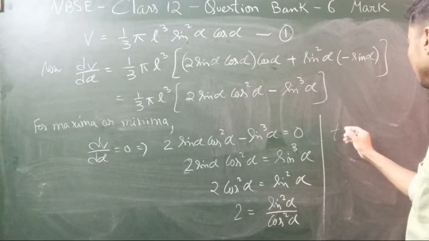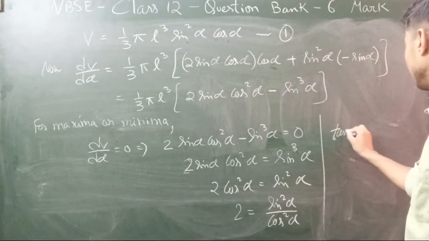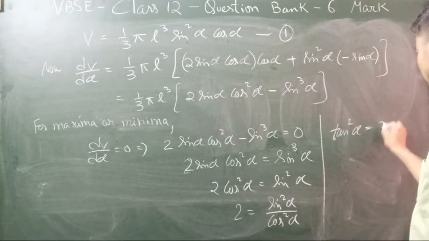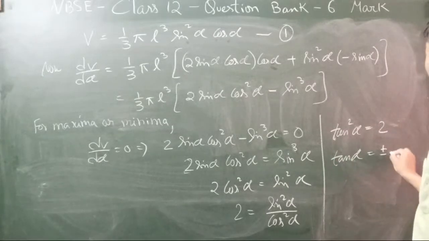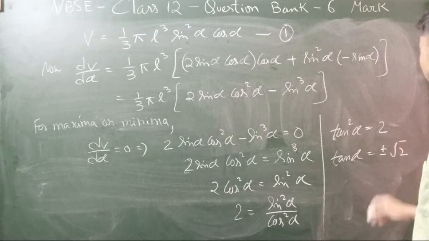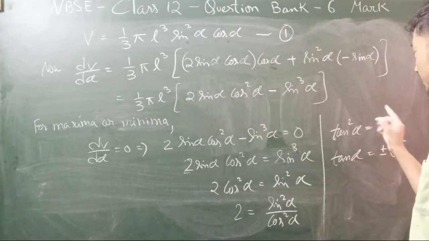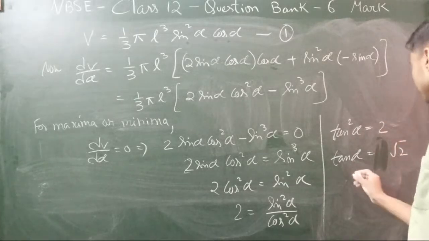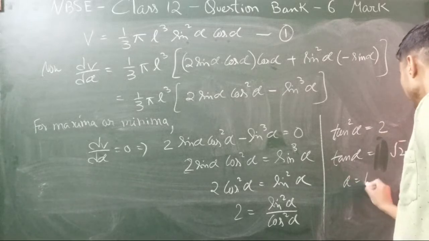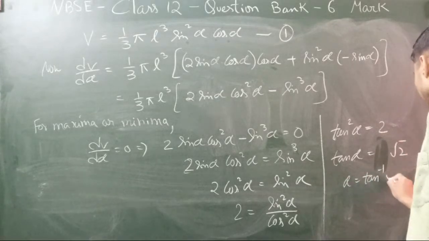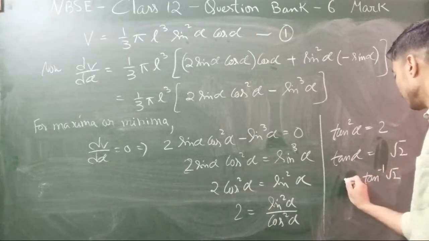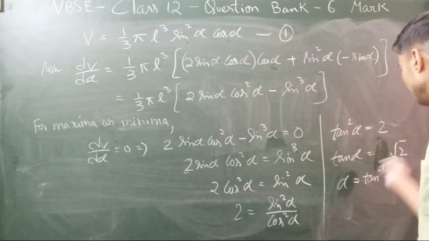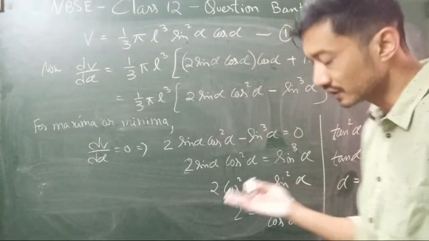So we will be left with tan square alpha is equal to 2, or tan alpha equal to plus or minus root over 2. So it has to be positive. Alpha equal to tan inverse root over 2. It has to be positive because semi-vertical angle cannot be negative.